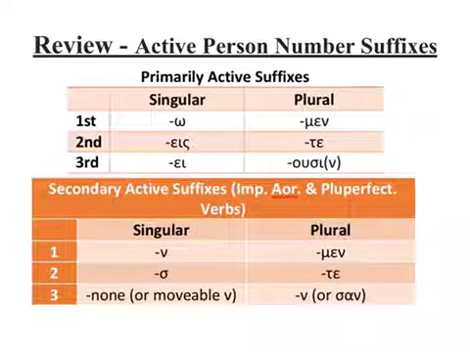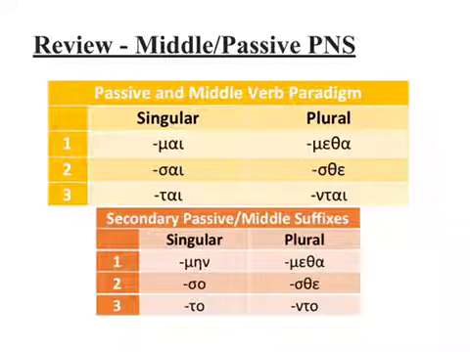That's really what we've learned. And that's really the most important thing to get, because the verbs are built off of those. So this would be the active voice, and so the middle passive voice would be mai, sai, tai, metha, sthe, ntai for the primary, and then secondary would be men, so, to, metha, sthe, nto. So there's some similarities there, but those are very important to know.